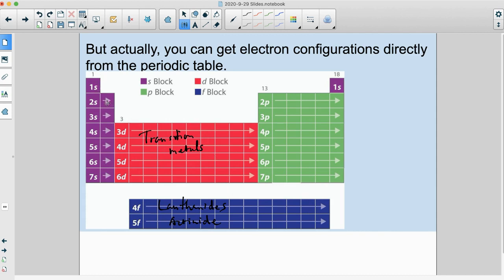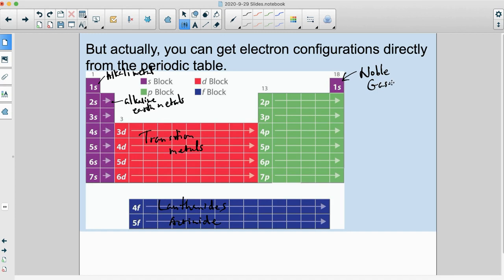All right, maybe we want to review group 1. These are called the alkali metals: lithium, sodium, potassium. Group 2 are called the alkaline earth metals: beryllium, magnesium, calcium, and so forth. Then our group 18 is a very special group called the noble gases.